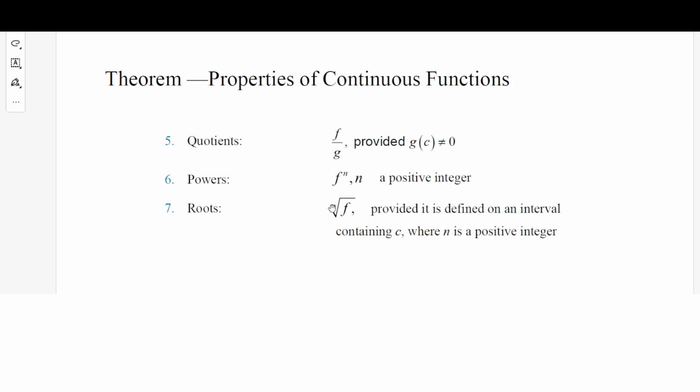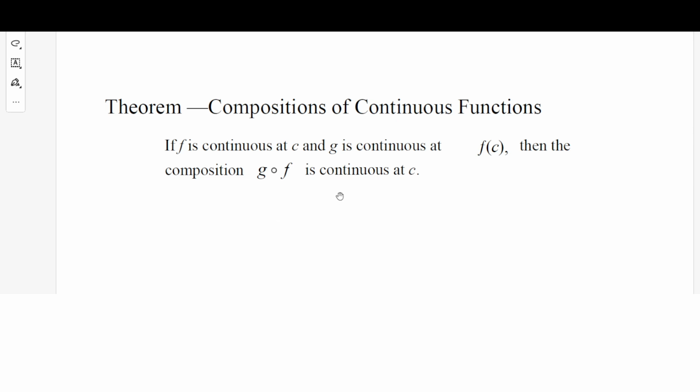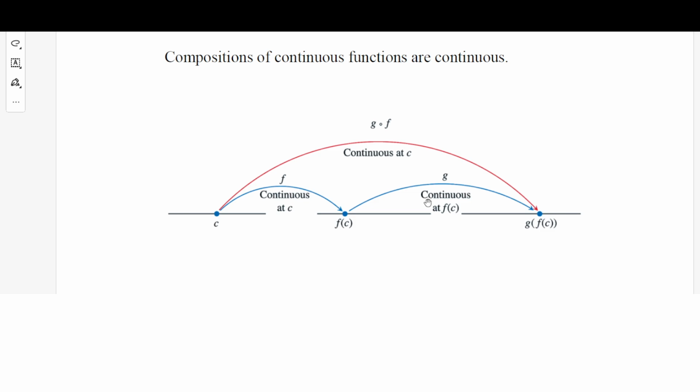And the nth root of a continuous function, if n is positive, is also continuous. If you combine two functions using composition, that new function is also continuous at that point.